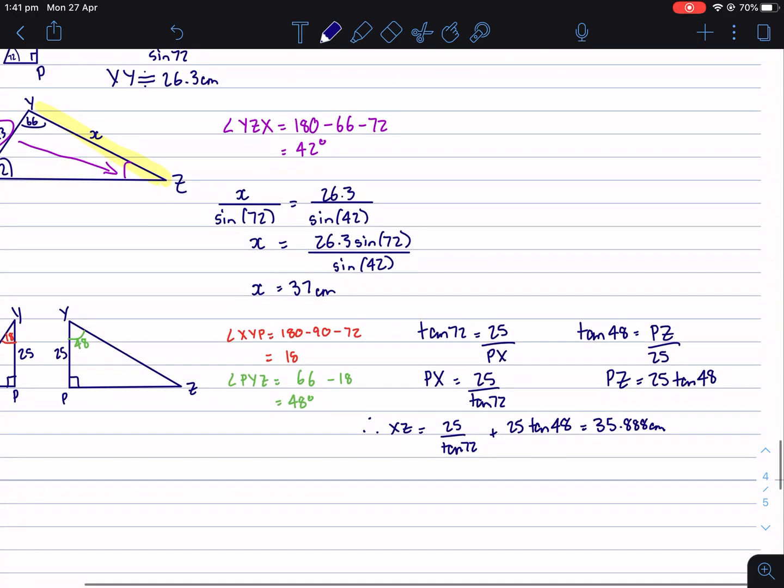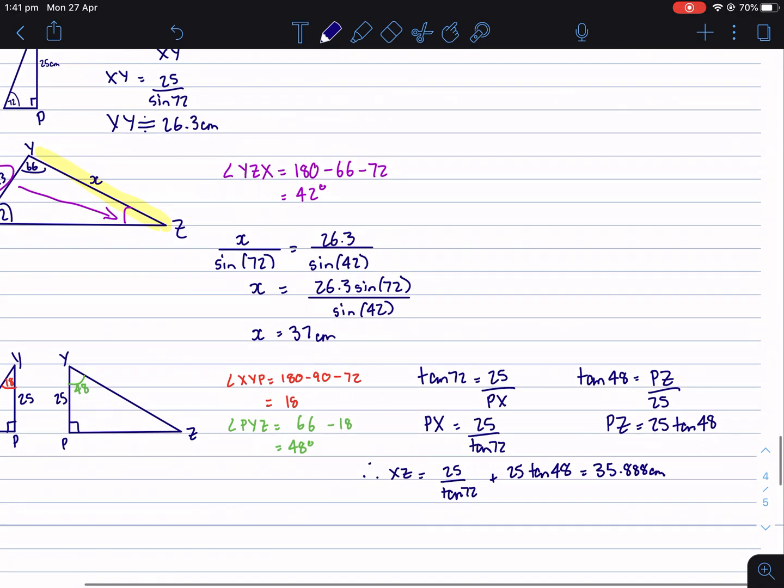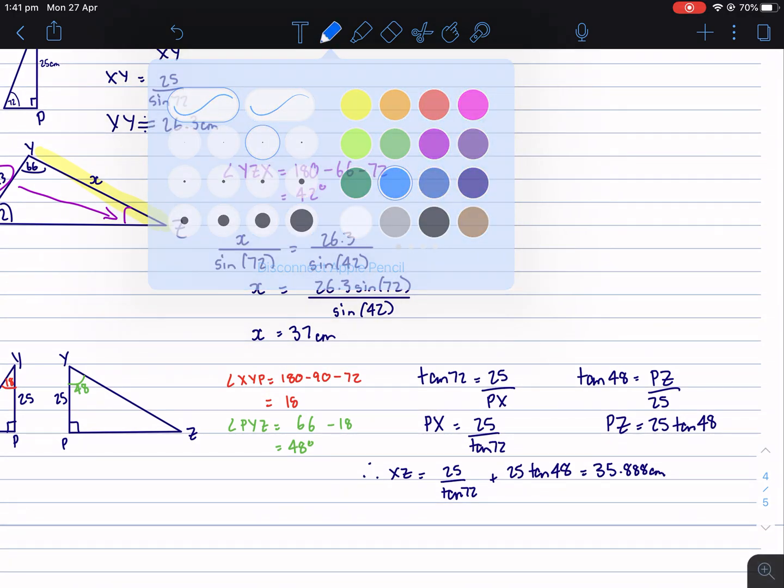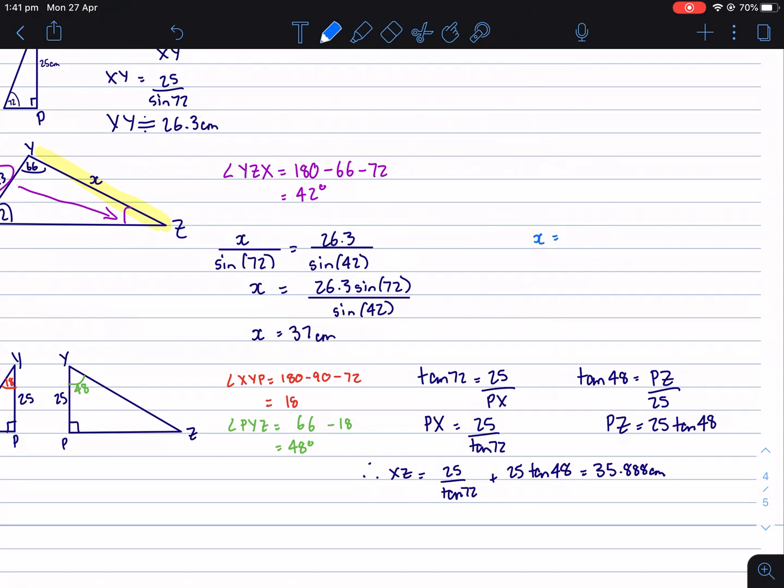This one above, if I'd actually simplified this, that 26.3 was 25 on sine 72 times sine 72 over sine 42. So we've got 25 over sine 42, 37.36.